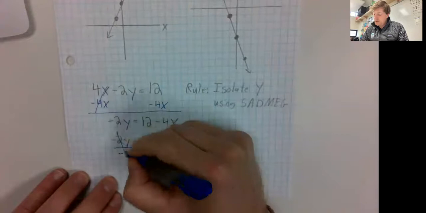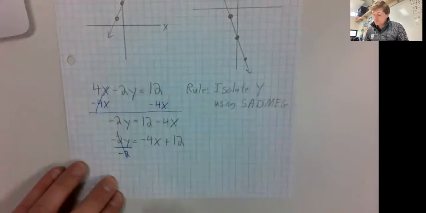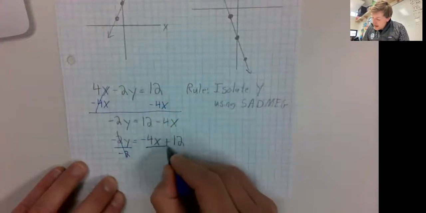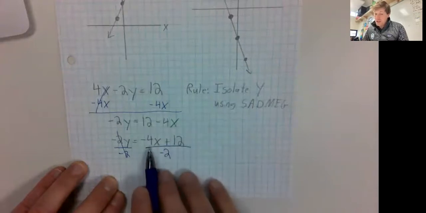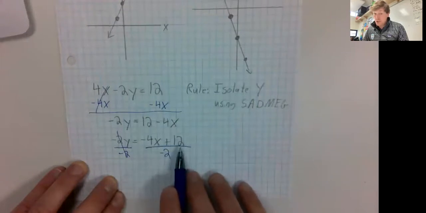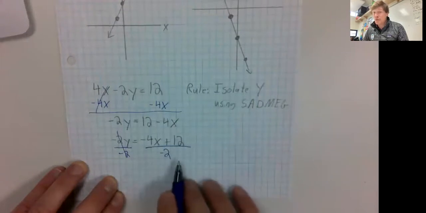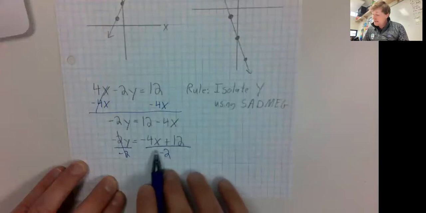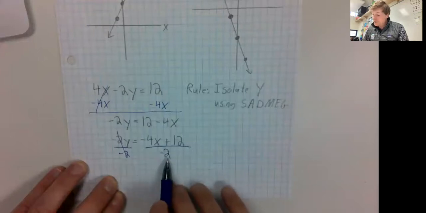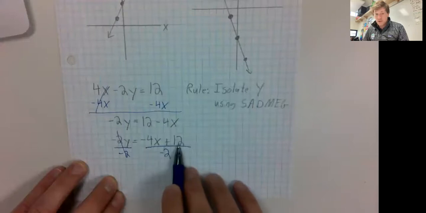My -2s are going to drop out, which is what we want. I need to now divide that whole right side by -2. Not just the -4x, not just the 12. I need to divide them both. So if I'm dividing by something and there are two terms, I need to do some division to each of these terms.